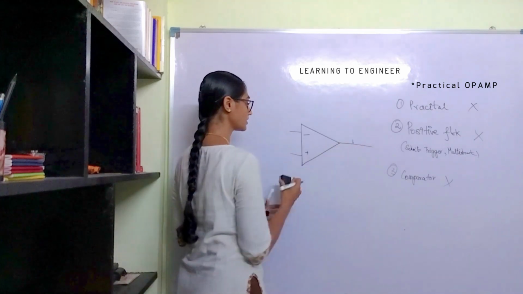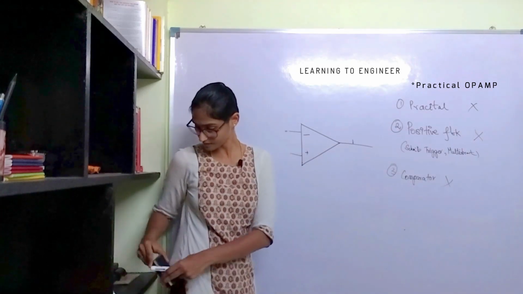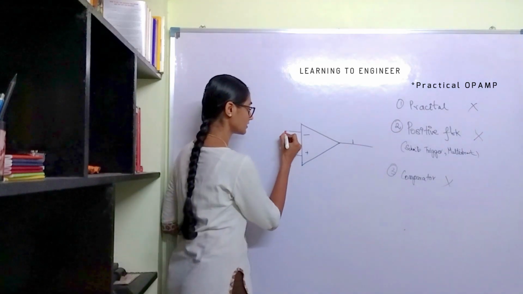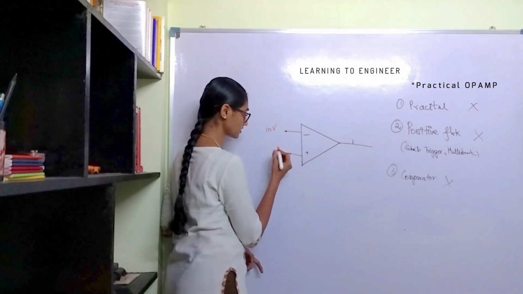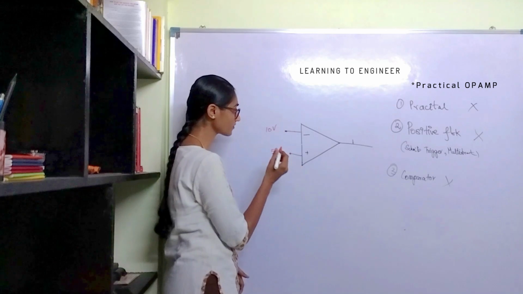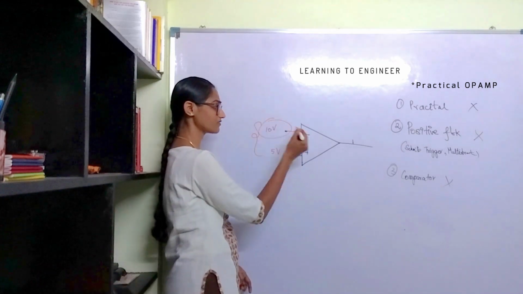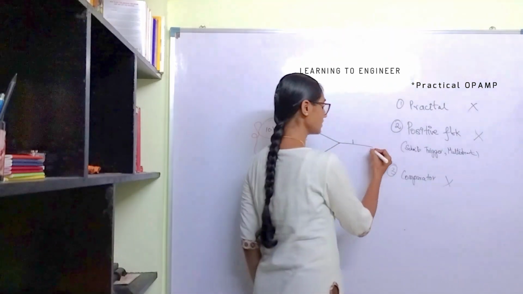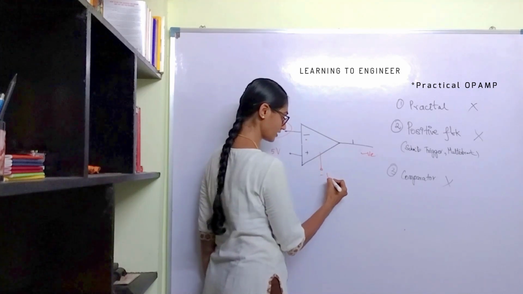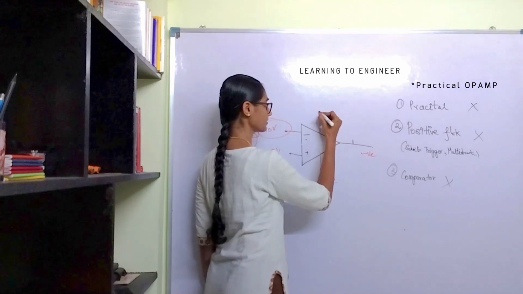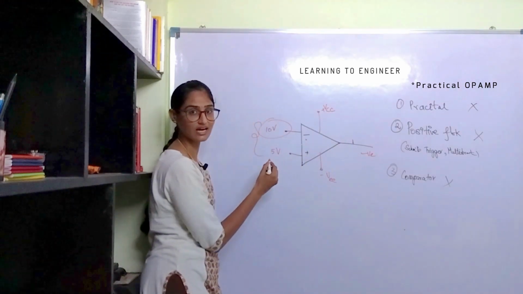When you are considering a comparator, you will apply two voltages to this. The inverting terminal voltage will be, let us say for example 10 volt, and this voltage will be, let us say for example 5 volt. This operational amplifier compares these two. If the inverting terminal is higher, the Vout will be negative, equal to minus VEE, and it will be equal to plus VCC if the positive terminal has a higher voltage.